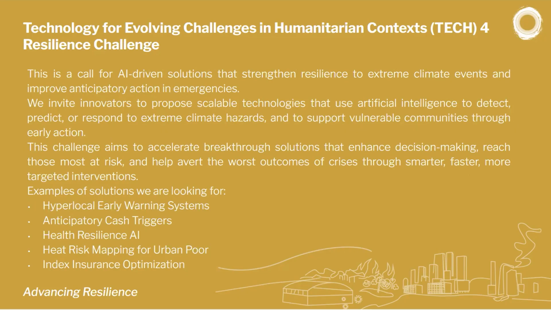So we invite innovators to come and submit their proposals that use AI to detect, predict, or respond to extreme climate hazards, and to support vulnerable communities through early actions that will build their resilience, but also improve their way of adapting to such extreme events.